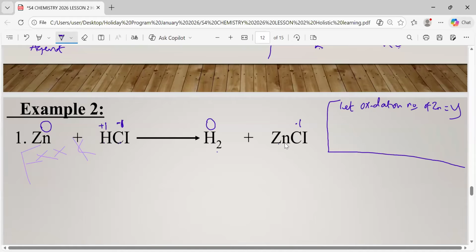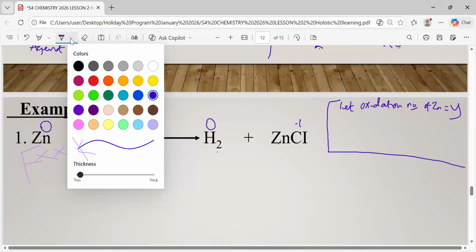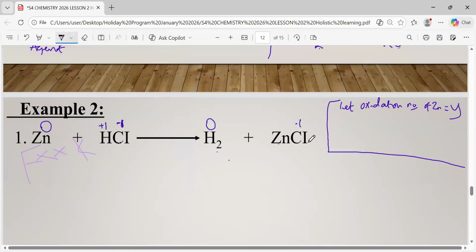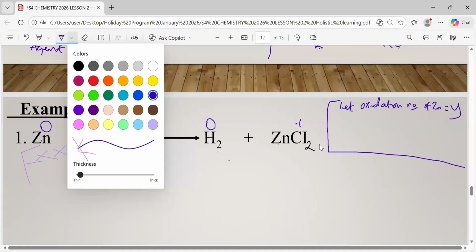Zinc chloride is supposed to be ZnCl2, with a 2 here. Let's make it clear. There must be a 2 here, and even here there must be a 2 for balancing. I believe it is like that. Okay, so let's move on.